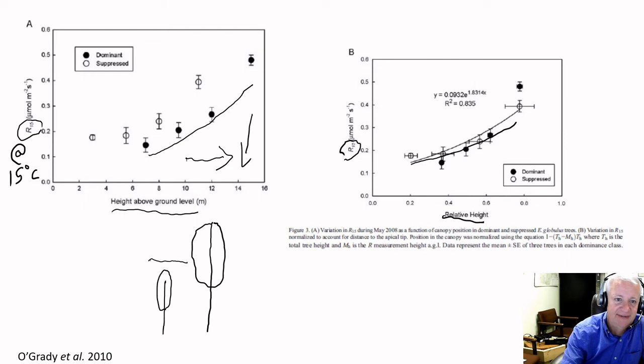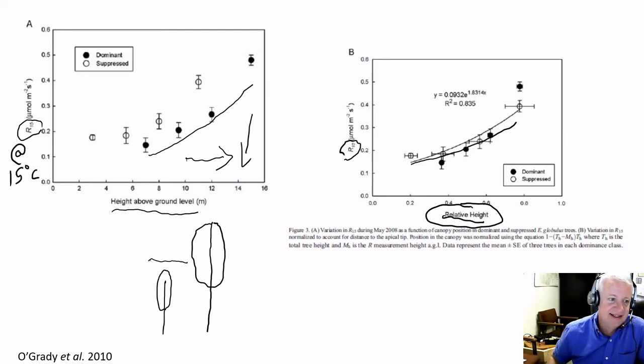But when you then normalize that by relative height, they fall on that same relationship. In other words, the highest respiration rate is at the top of the tree, whether you're suppressed or dominant. So this is a nice demonstration of some of those concepts, in this case for respiration rate.